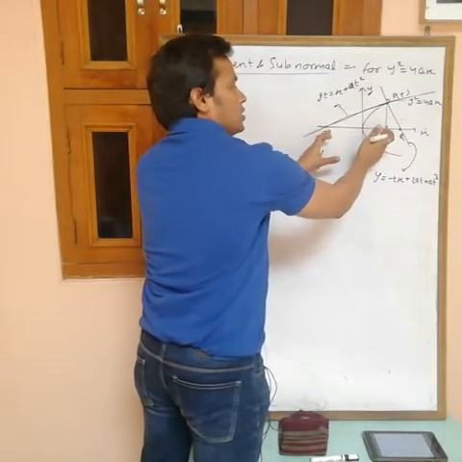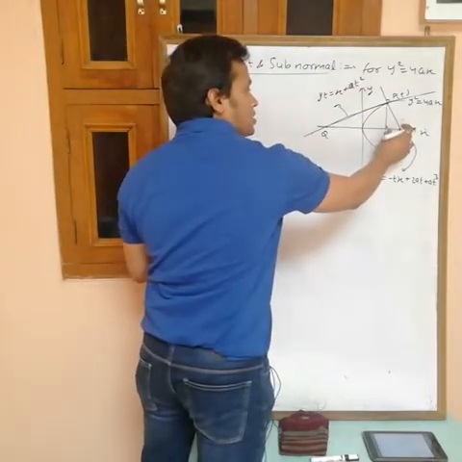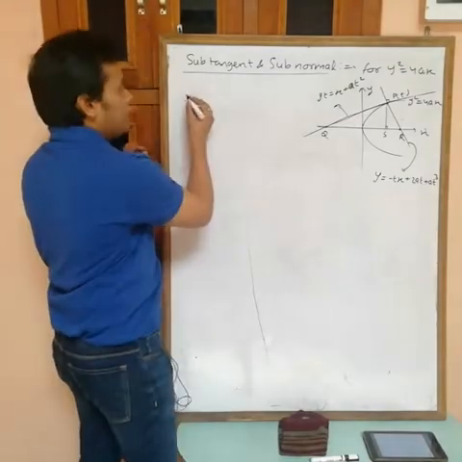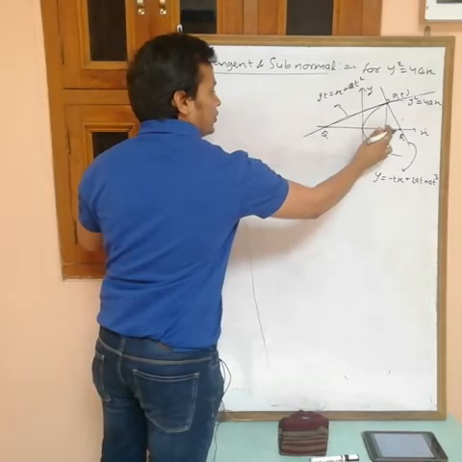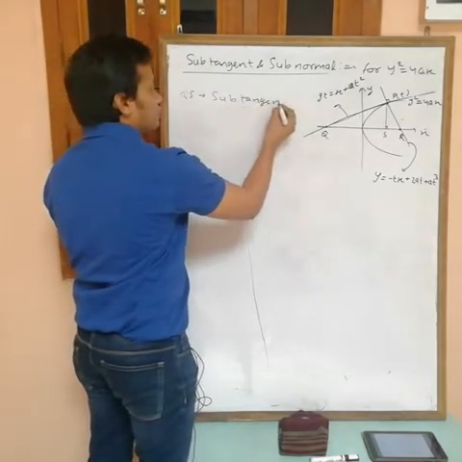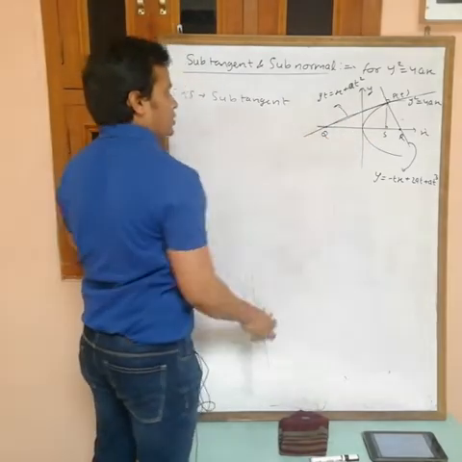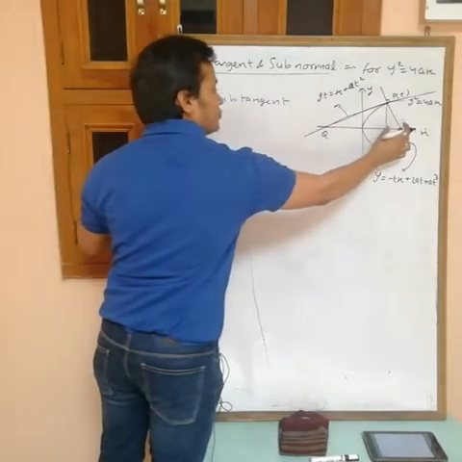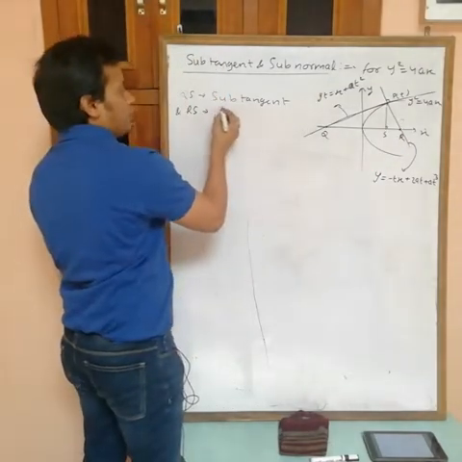This QS is known as subtangent and this RS is known as subnormal. QS is the projection of this tangent on the x axis, and RS, the projection of the normal, is known as subnormal.